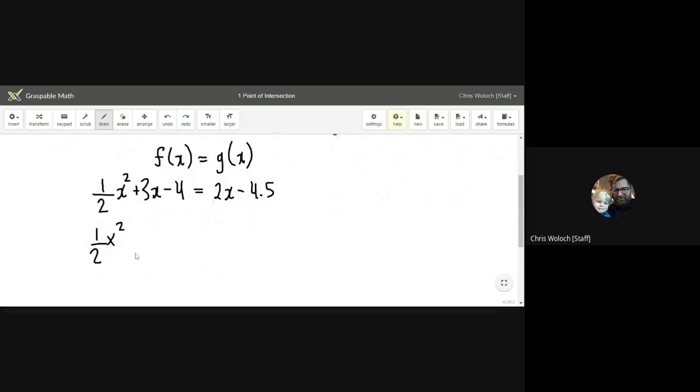This 2x I'm going to move across and put with the 3x, and it becomes negative. And then minus 4, and this minus 4.5, when I bring it across, becomes plus 4.5, and this all equals 0. So don't forget to do that. That's really key.